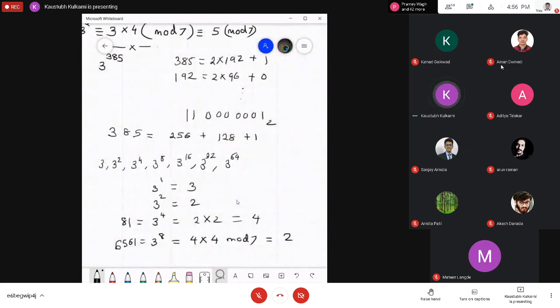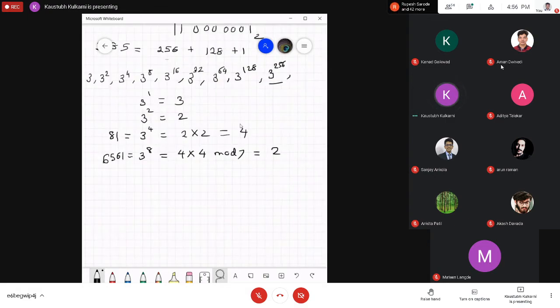Okay, so I left it here. So from 3 raised to 64 we can find 3 raised to 128. From 3 raised to 128 we can find 3 raised to 256. And then whatever the remainder we'll get for 3 raised to 256. And okay, so 385 is 256 plus 128 plus 1, right?